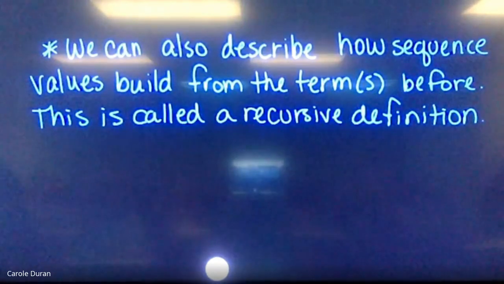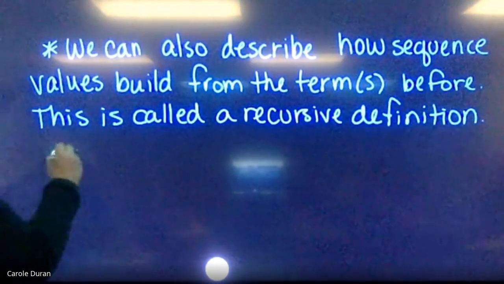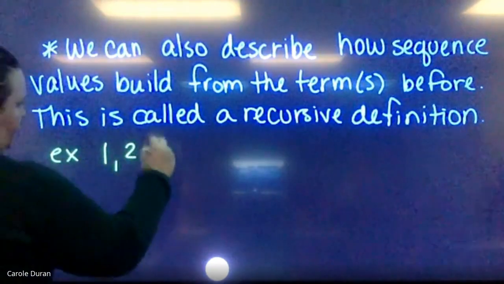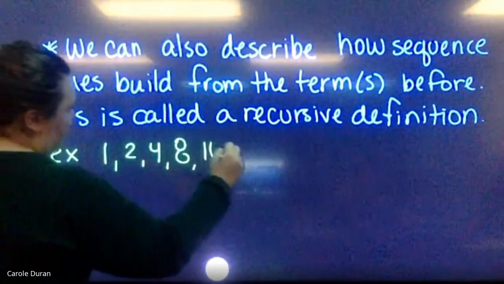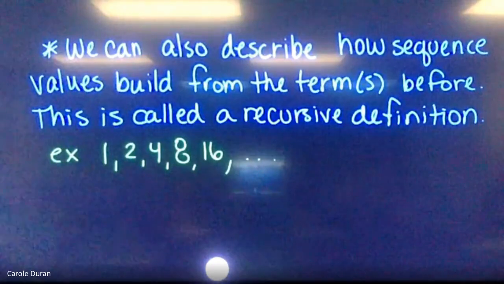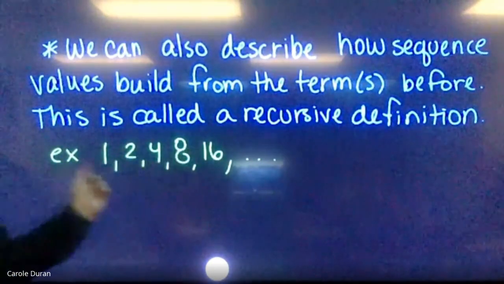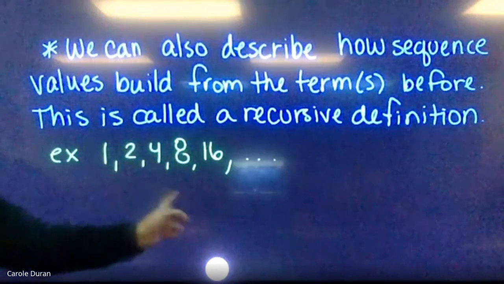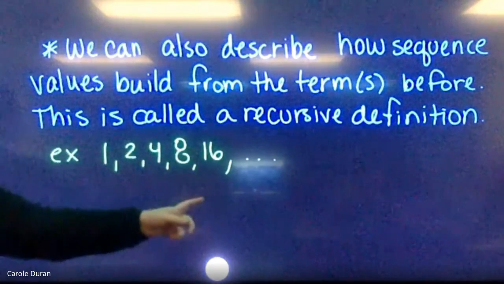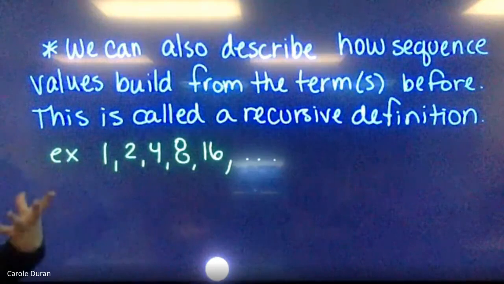So for example, let's say 1, 2, 4, 8, 16, and so on. What's changing from term to term here? It's multiplying by 2, or it's doubling the term before it.